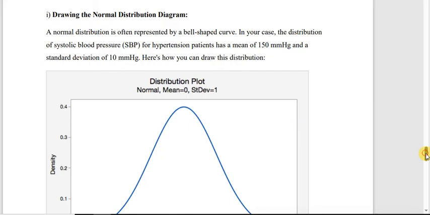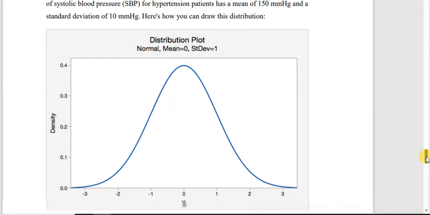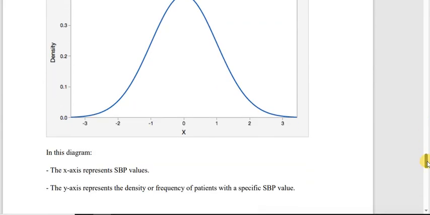You want to determine the probability that a patient selected at random from this population happens to have a greater SBP compared to the mean. So we use this Z distribution to do that.